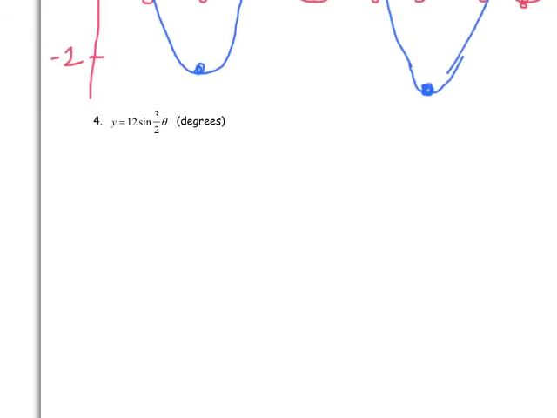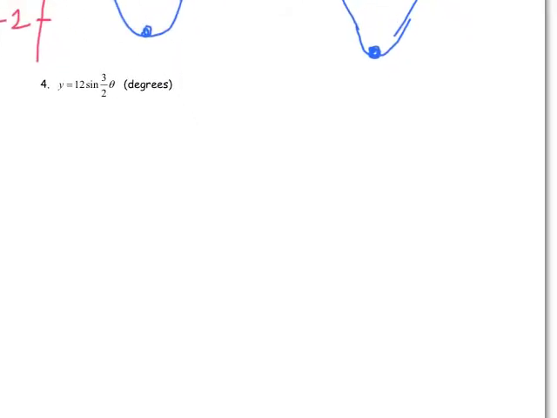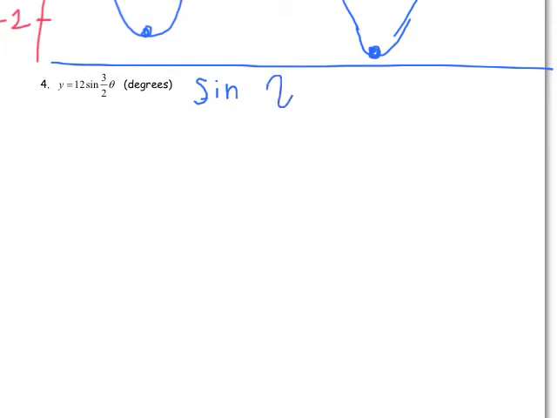Okay, let's go on. Y equals 12 sine 3/2 theta, and we're back to degrees. So this is sine. Sine is our S shape, so that means we do middle, up, middle, down, middle. Our amplitude is 12.